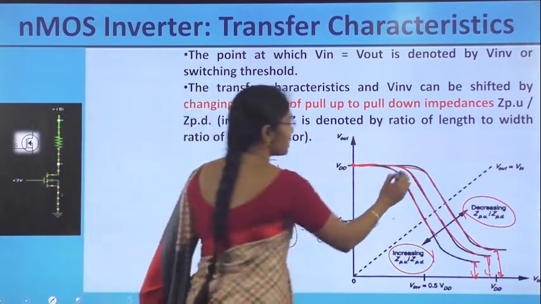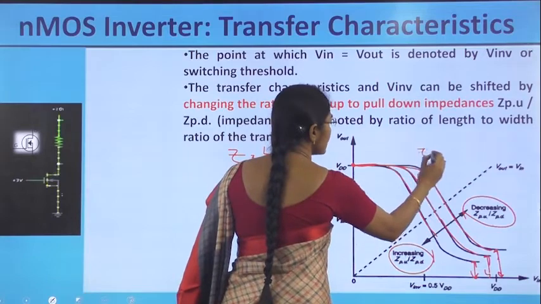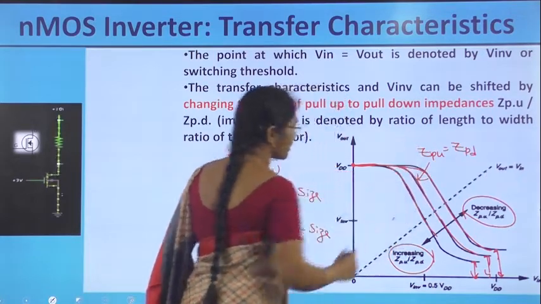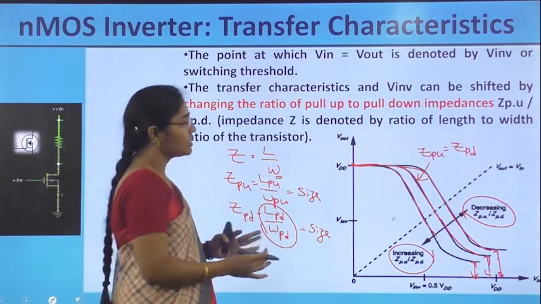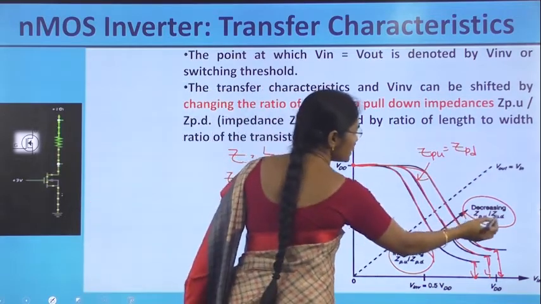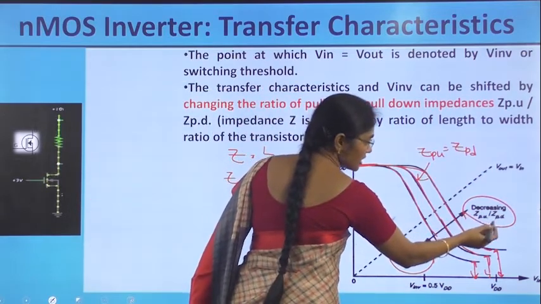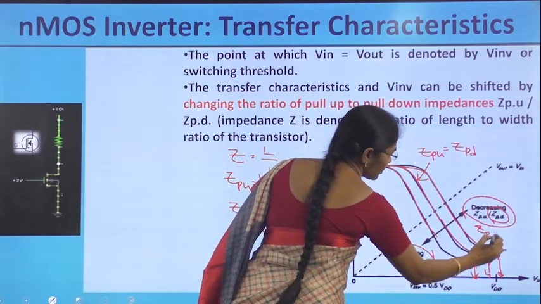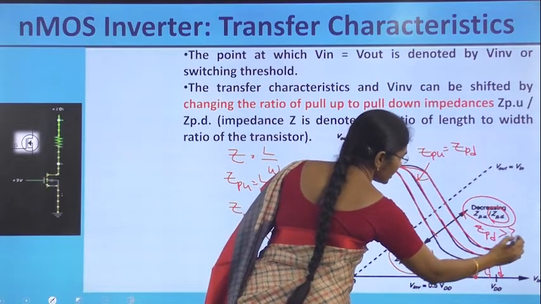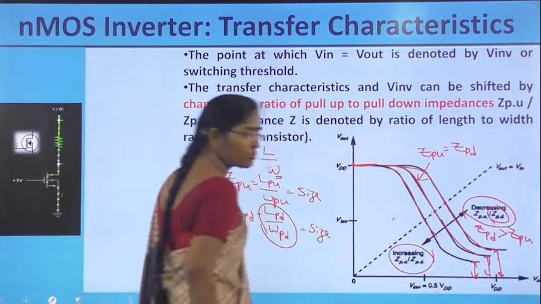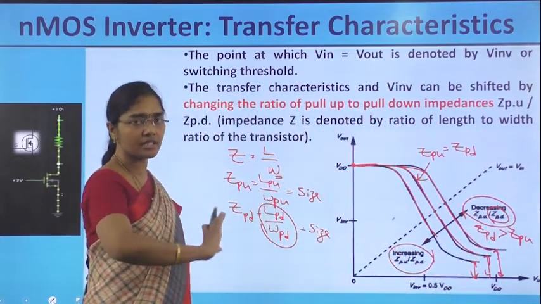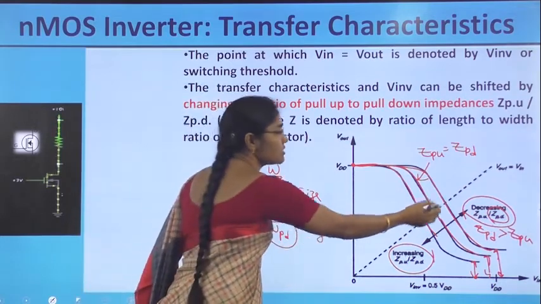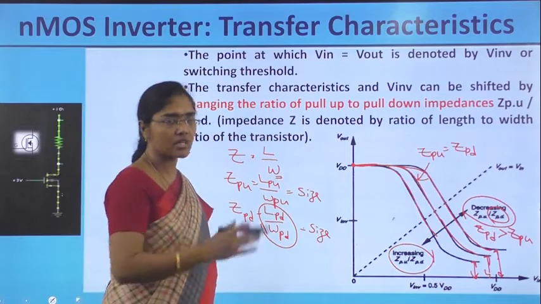Let us take the middle graph, representing ZPU equal to ZPD, meaning both transistors have the same size. If ZPU by ZPD is decreasing, ZPD is greater than ZPU, meaning the pull down transistor is larger than the pull up transistor, and the characteristic moves to the outer side.